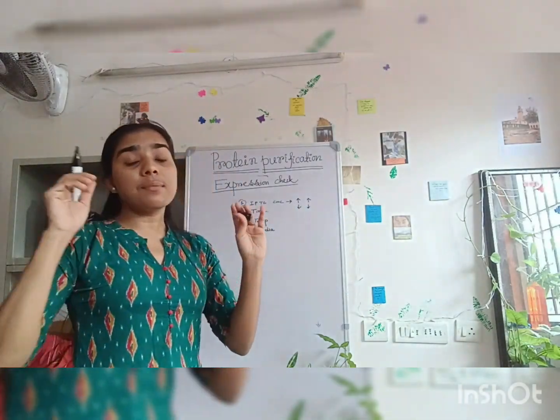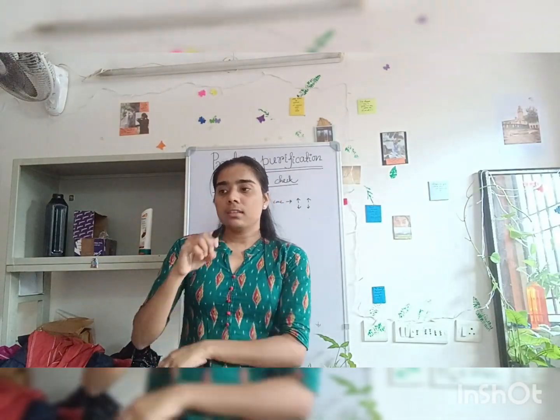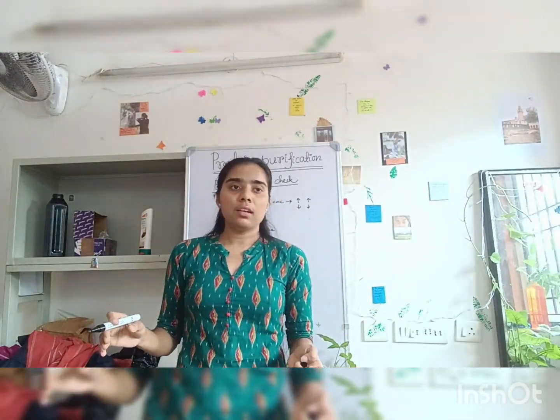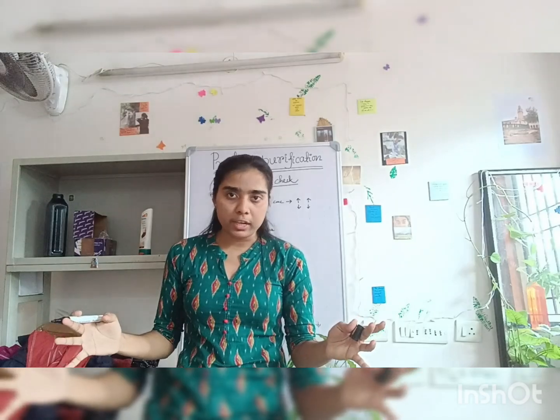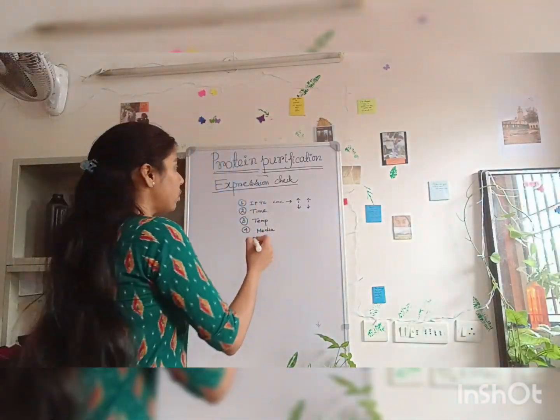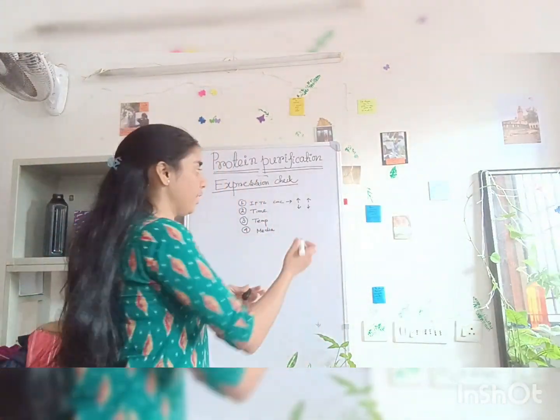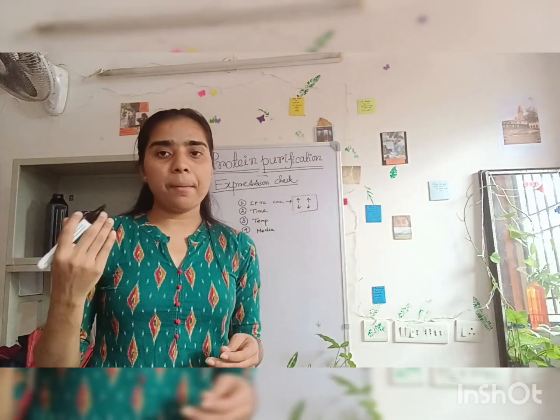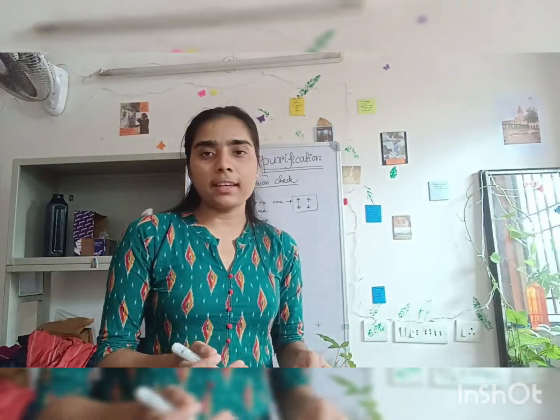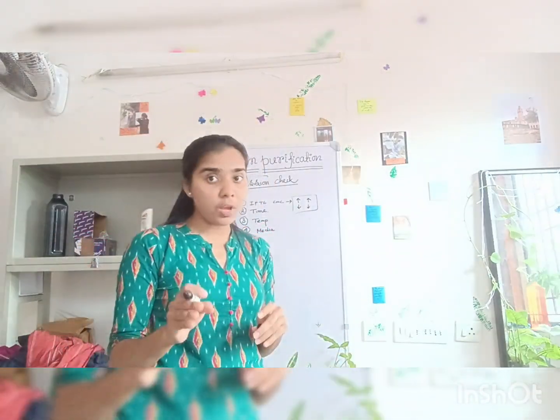But there are some problems with IPTG concentration. If we put in less IPTG, the cell can't make that much protein, right? That is true. So people will put in more and more IPTG to get more protein. But it is not true every time.